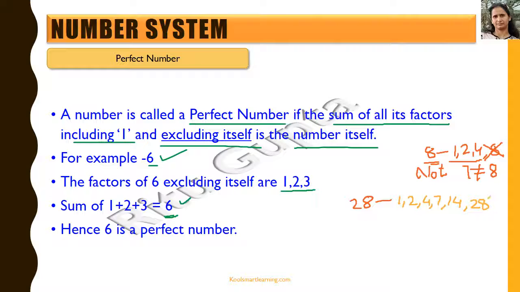And again, from this list we remove 28, which is the number itself, and we take the sum of all the other numbers. So we have 1 plus 2, 3 plus 4, which is 7. 7 plus 7 is 14, and 14 plus 14 gives us 28. Now this is equal to the number itself, so this is a perfect number. So we have 28 as another perfect number.